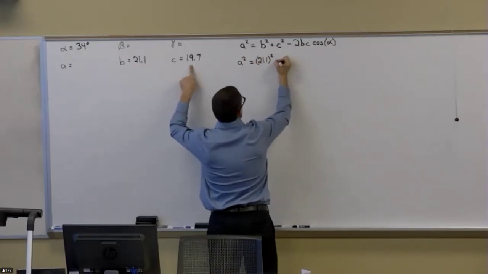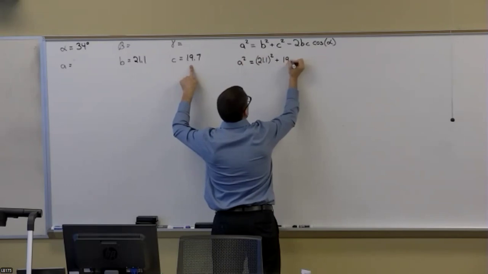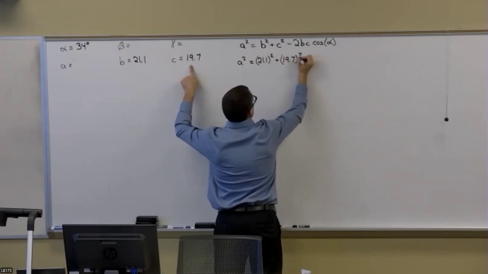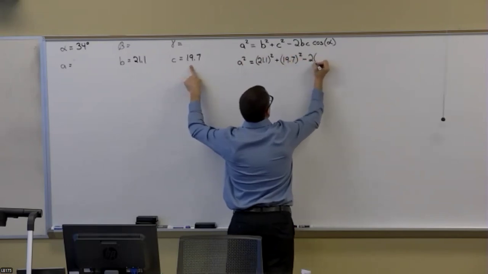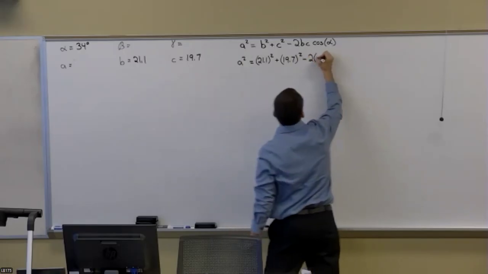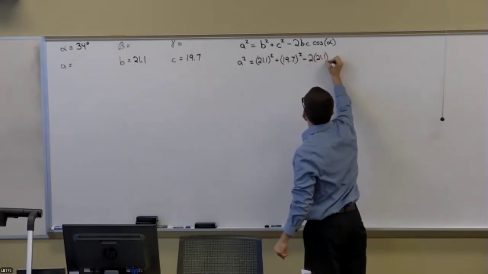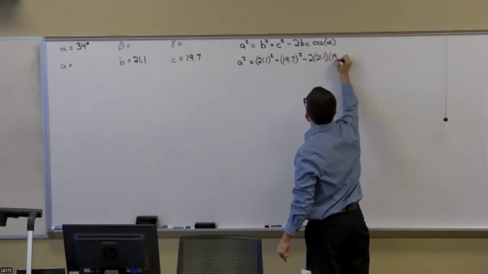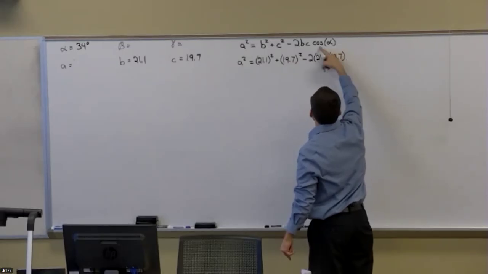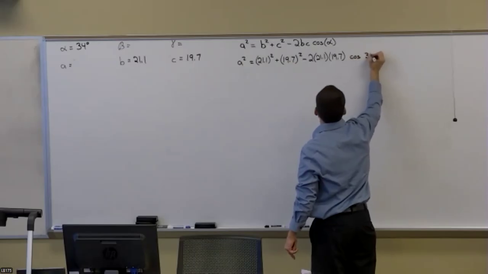C, I know is 19.7. Again, B is 21.1, C is 19.7. And cosine of alpha is cosine of 34 degrees.